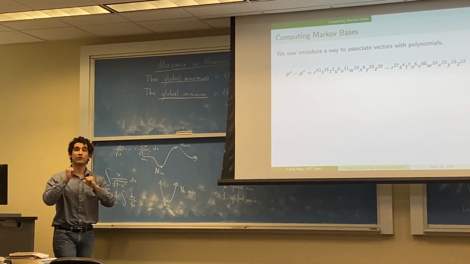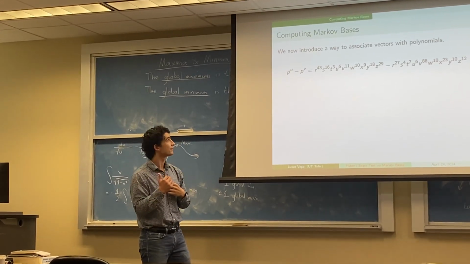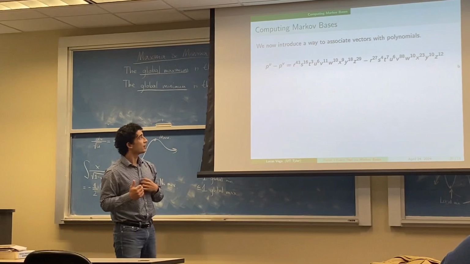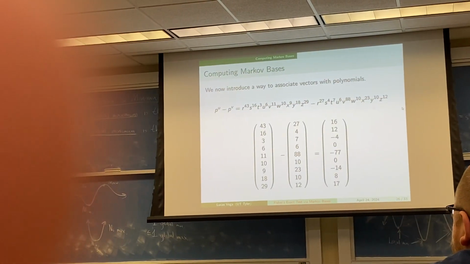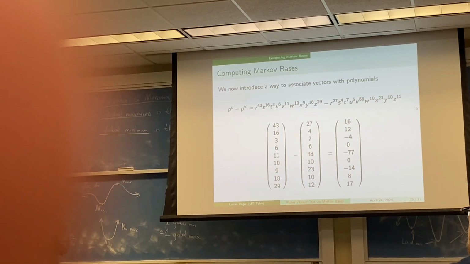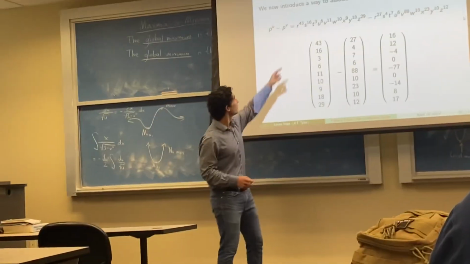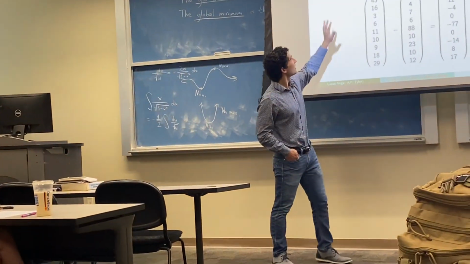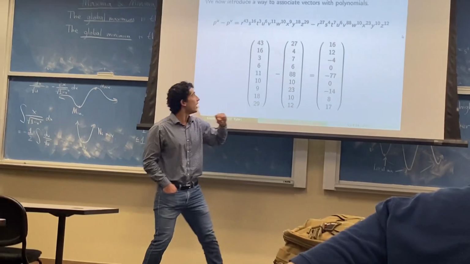Now we can also go the other way, get a polynomial and turn it into a vector. And the way we're going to do that is we're going to add and subtract the powers that are above the same indeterminate. So we have PU minus PV. That polynomial right there is associated with this vector.